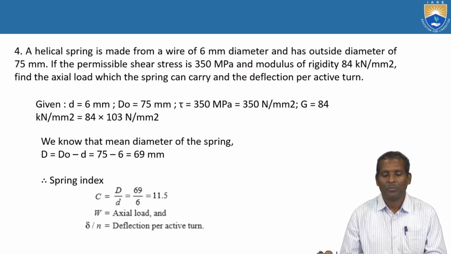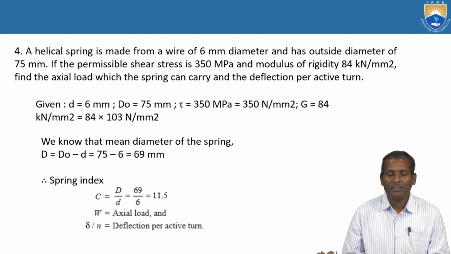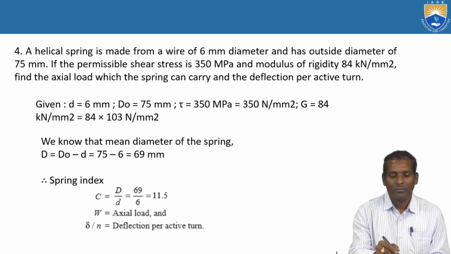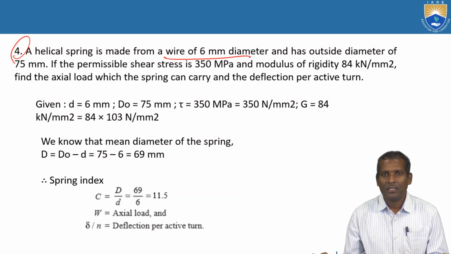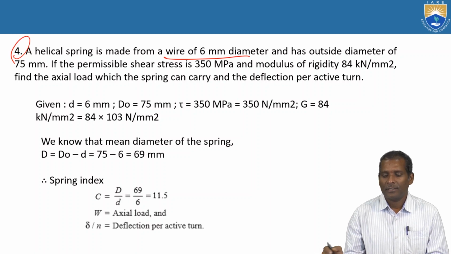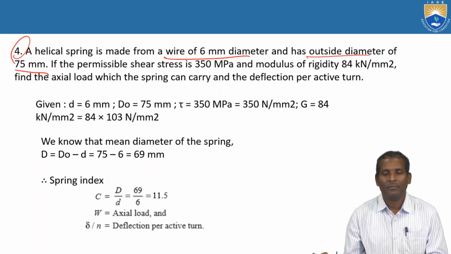Next problem, one more problem we will see. A helical spring is made of wire, fourth problem. The wire diameter is 6 and the outside diameter is 75, here only the outside diameter is given.